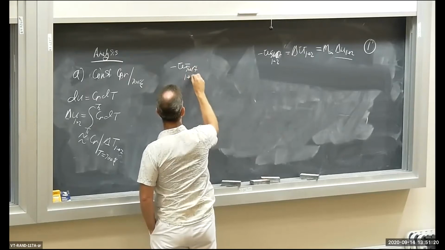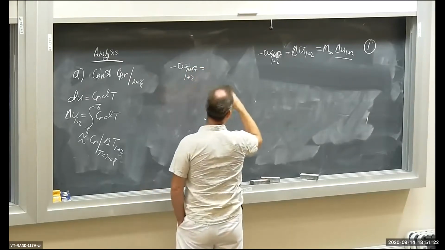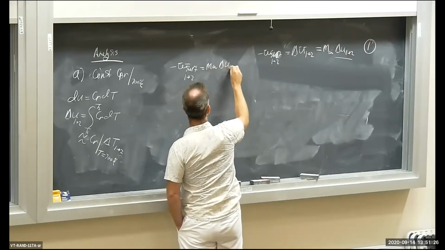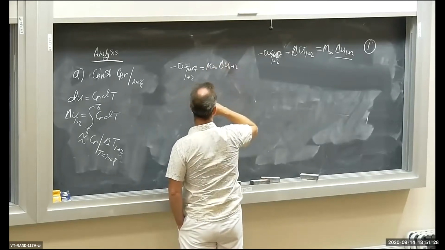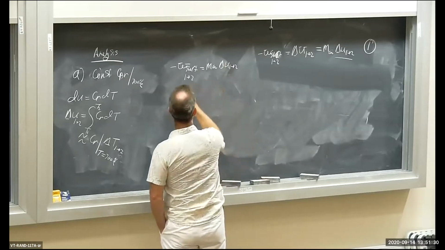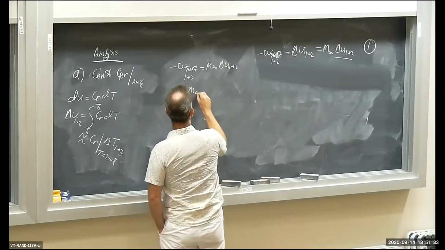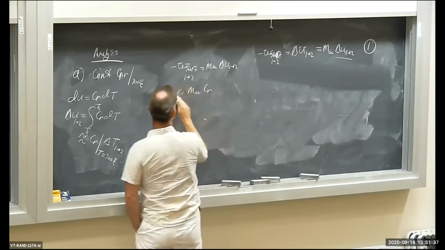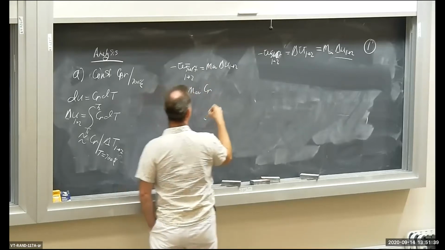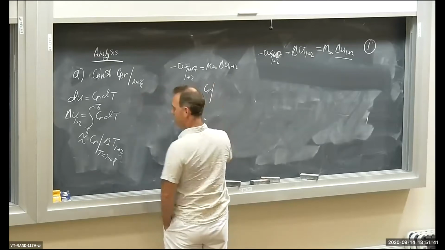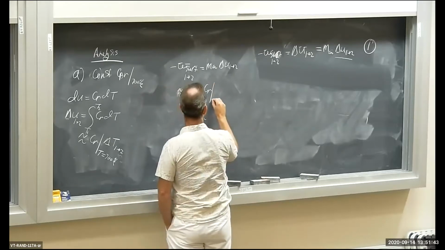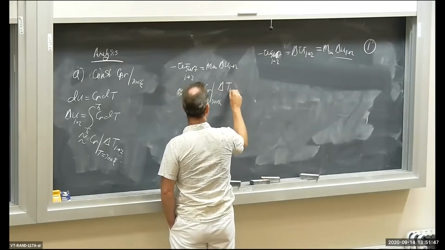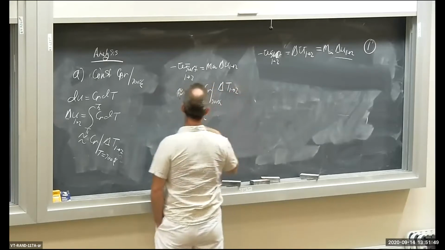Negative W shaft is equal to m air delta U from state 1 to state 2, which is approximately equal to m air, Cv evaluated at 300 degrees Kelvin, delta T from 1 to 2.